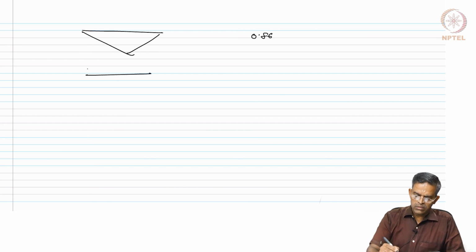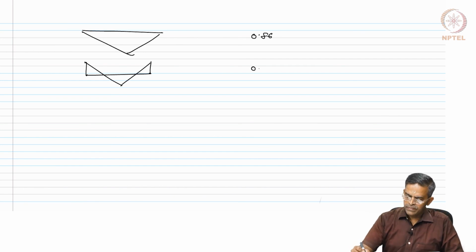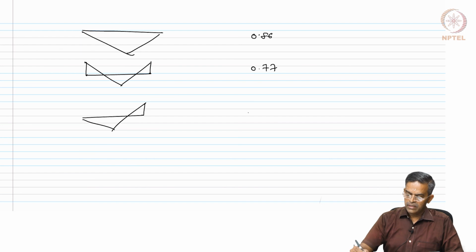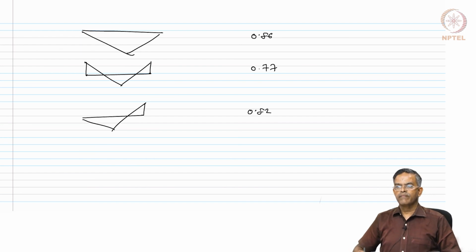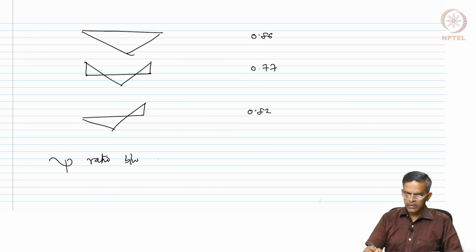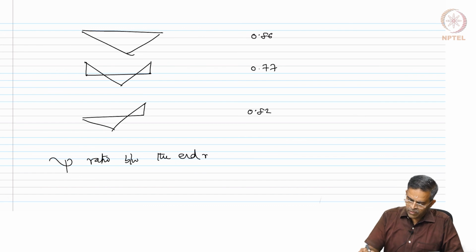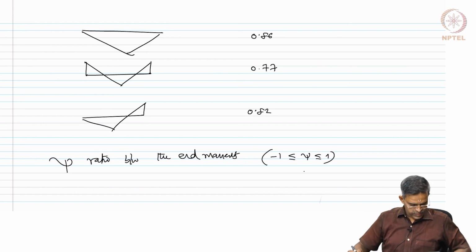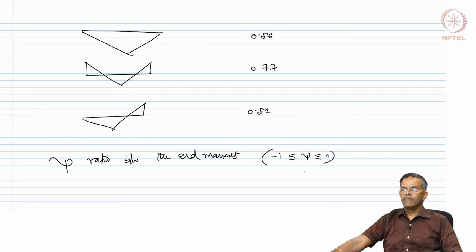If you have a distribution of this order, which is linear, 0.77. These are all for point loads. I think you can recollect the bending moment diagrams very easily related to the type of load. We can say here psi is a ratio between the end moments. That is what we have written there. It can vary anywhere from minus 1 to plus 1. It is a ratio between the end moments.